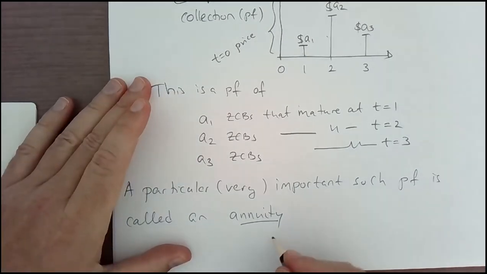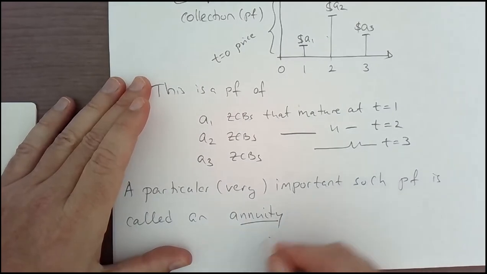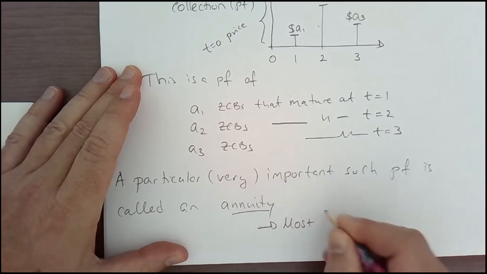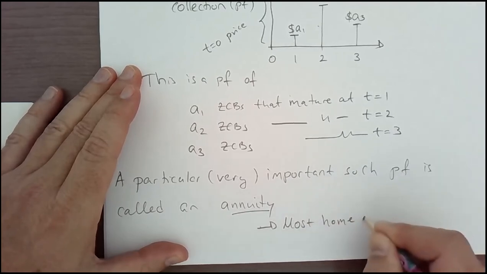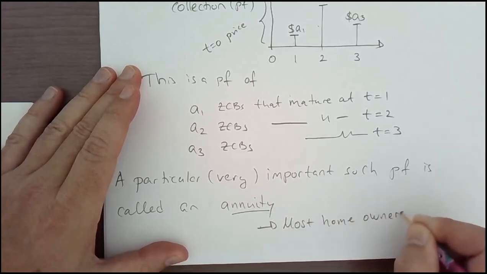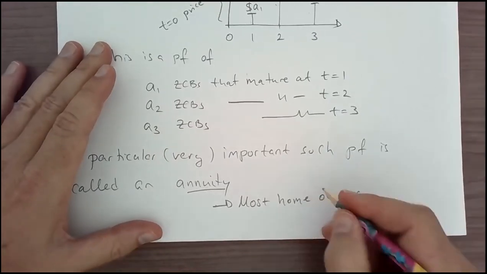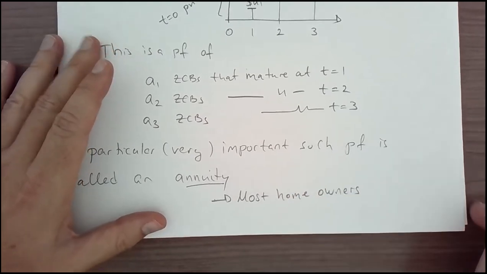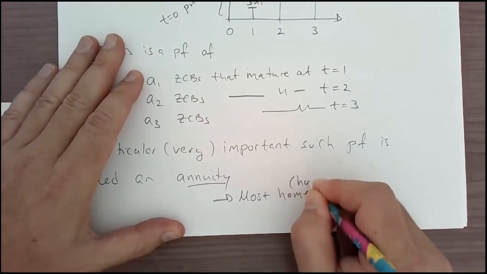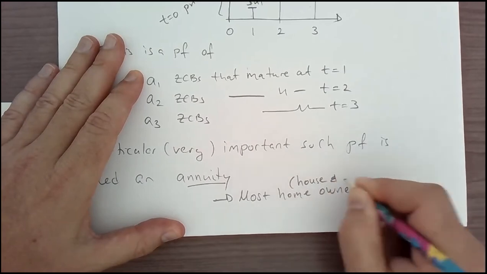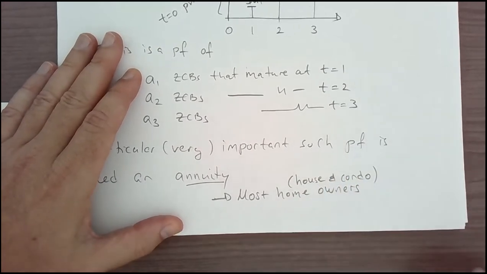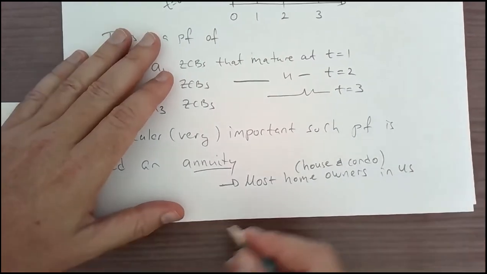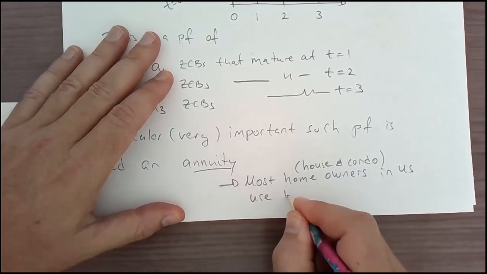This is basically, I shouldn't say all, but this is what most homeowners, like houses and condos, in the US use when they buy.